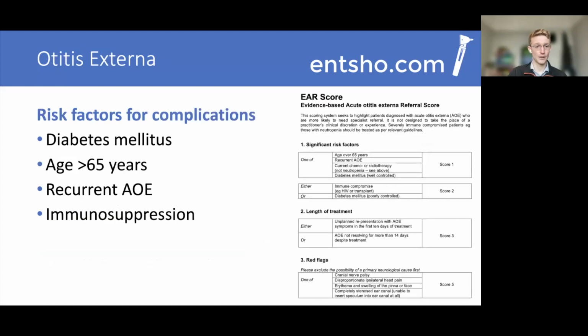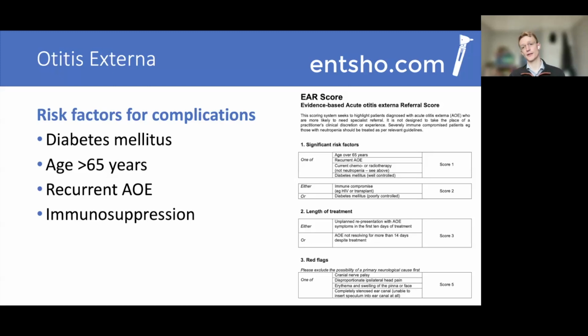So, as we've mentioned, there are some severe complications of otitis externa, which we're going to go into. The main one that we worry about the most is necrotizing otitis externa. Risk factors include having comorbidities like diabetes, increasing age, particularly over 65 years old, having had recurrent acute otitis externa, or any form of immunosuppression, whether that be patients on chemotherapy or taking medications for autoimmune conditions.